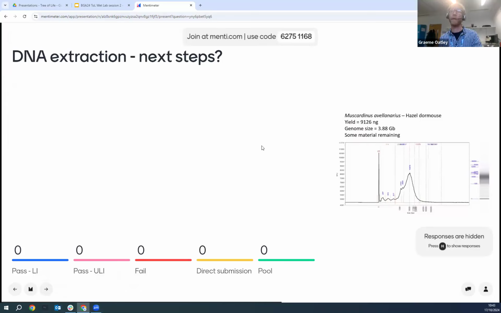Okay, so here we have the hazel dormouse, a yield of 9,000 nanograms, genome size of 3.8 gigabases. Sample is limiting, so we don't have a lot to play with. So that's something to take into consideration.